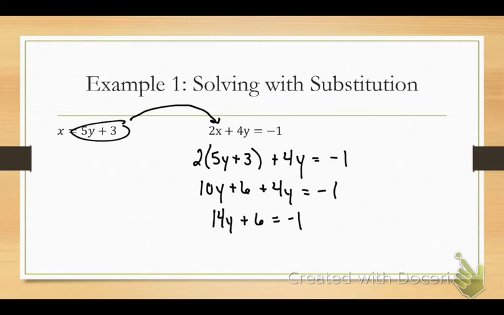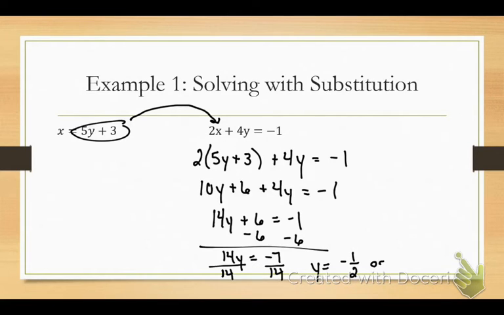Then you subtract 6 on both sides. 14y equals -7. And then what do you do? Divide both sides by 14. Y equals -1/2.